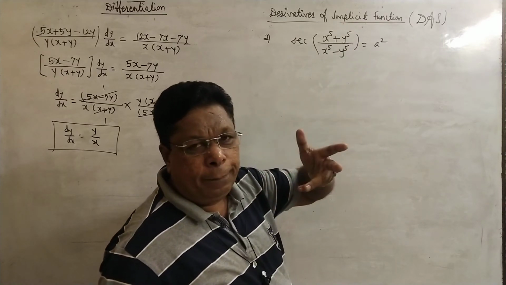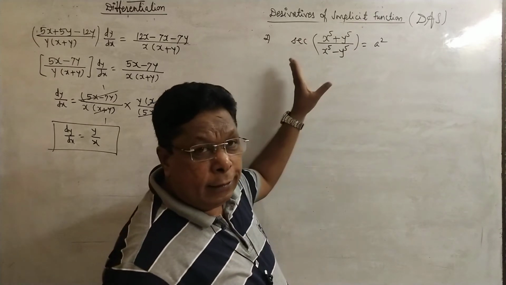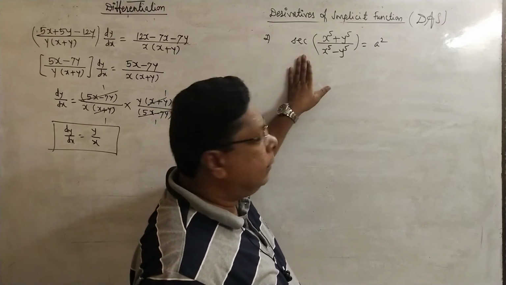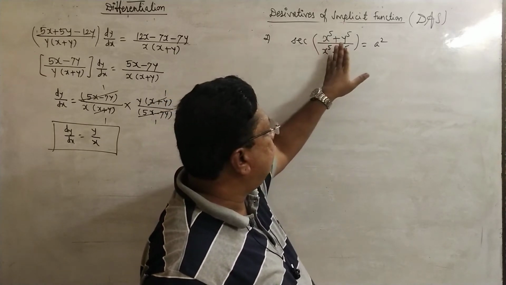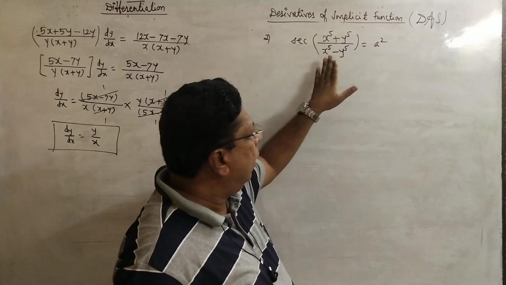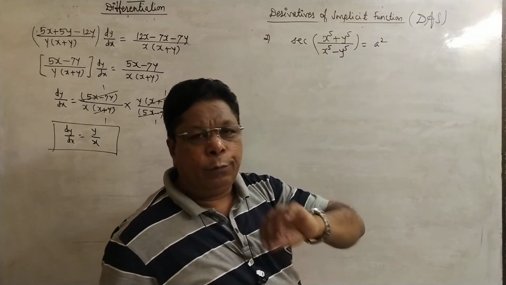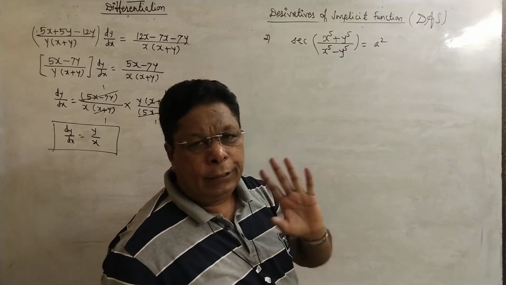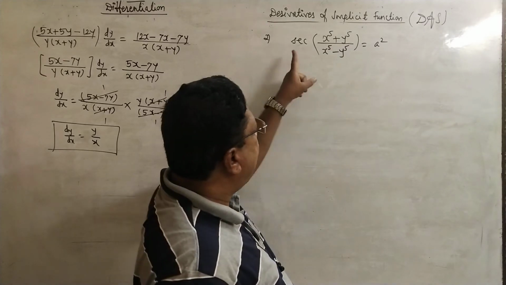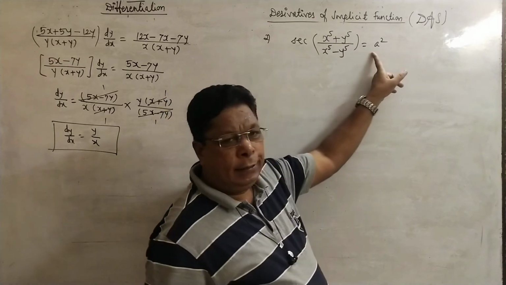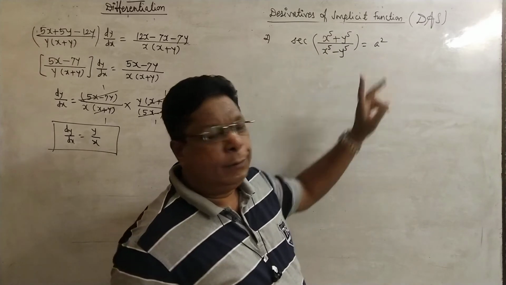There is always a habit in differentiation of taking y equal to, so I mistakenly took y. So the given sum is like this: sec of x raised to 5 plus y raised to 5 upon x raised to 5 minus y raised to 5 equal to a square. And here we have to show that dy by dx is y upon x. Now first step, shift this sec to the right hand side. Trigonometric becomes inverse.